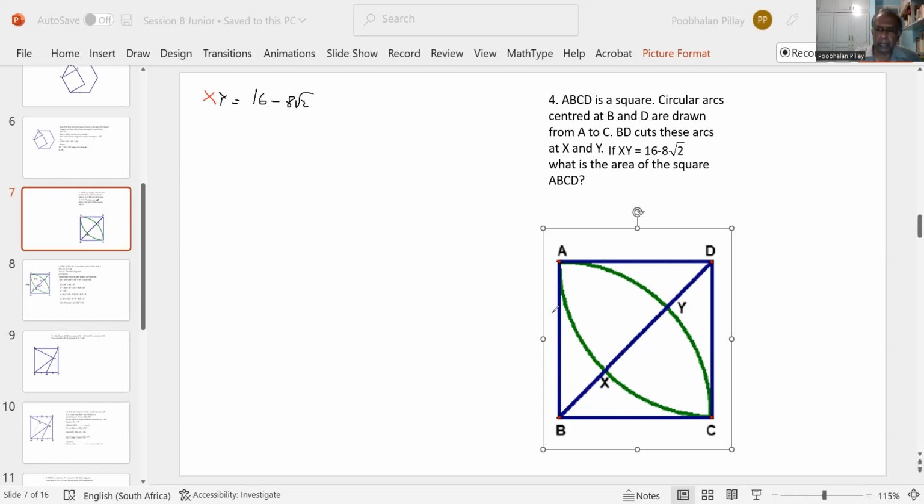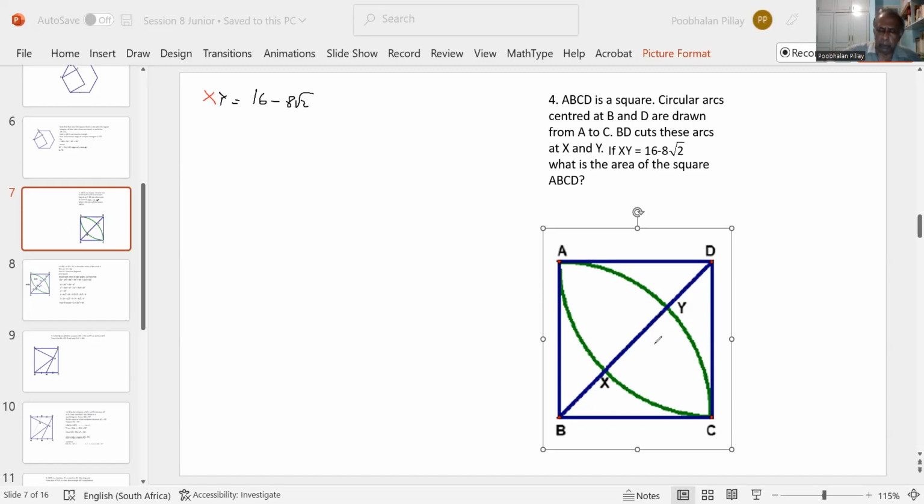To find AB, I need to find what BY is. I already know XY. So I need to work out this piece here, because then this piece plus that piece is the radius, or the side of the square, and I square that to get the area of the square.